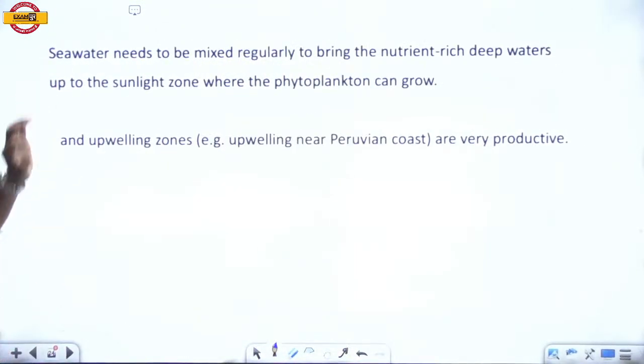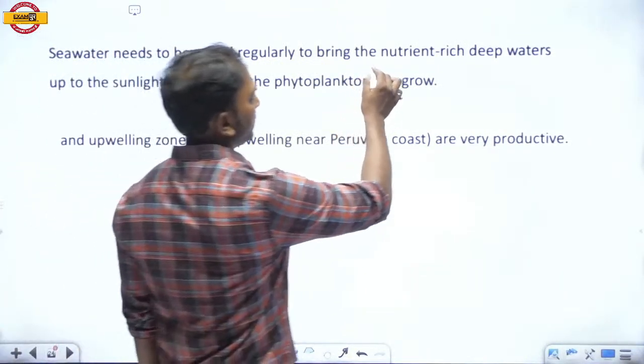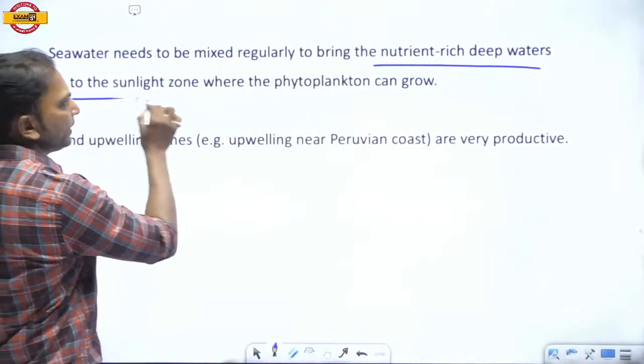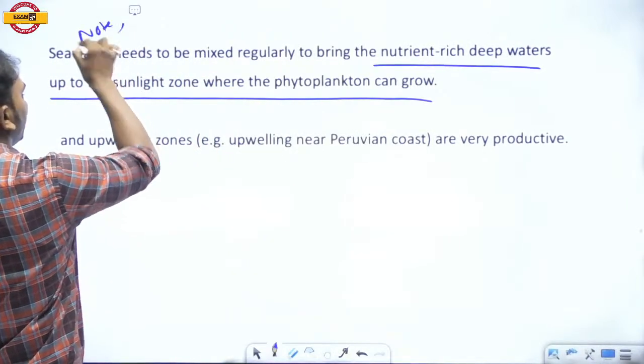Next, seawater needs to be mixed regularly to bring the nutrient-rich deep waters up to the sunlight zone where the phytoplanktons can grow. That is the most important point I explained earlier.